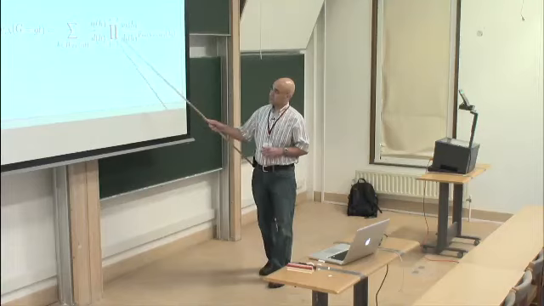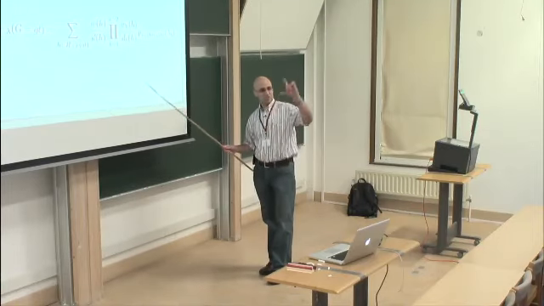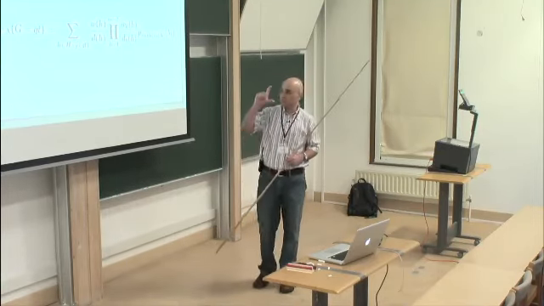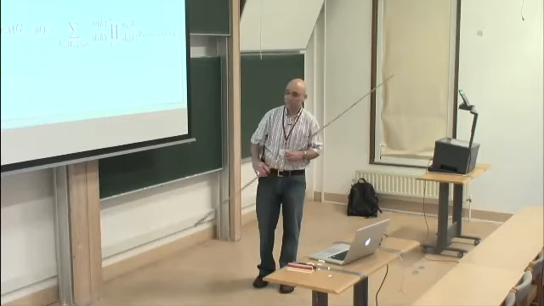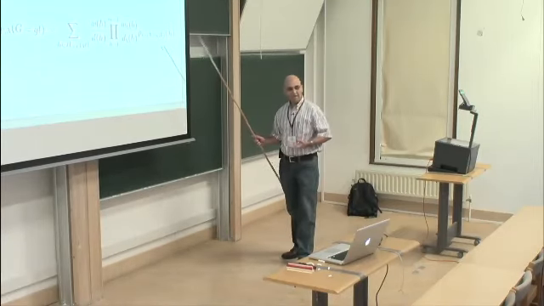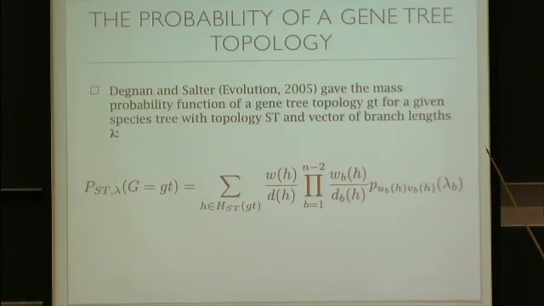This is exactly the same, but this is just for a special branch that is over the root of the species tree. There's always that branch over the root, where you have to take this probability. The probability of any number of lineages coalescing into one on the branch over the root of the species tree is always 1, because you have in some sense an infinite amount of time.